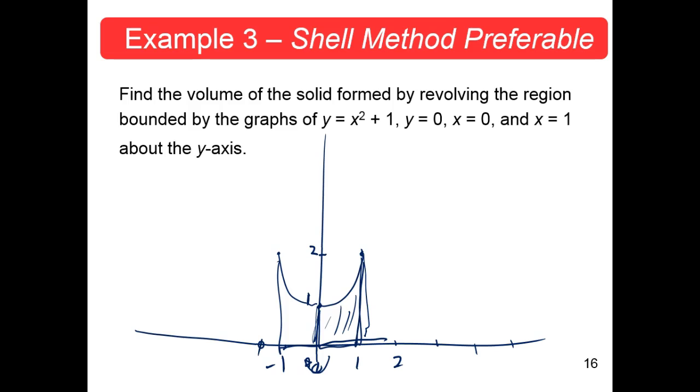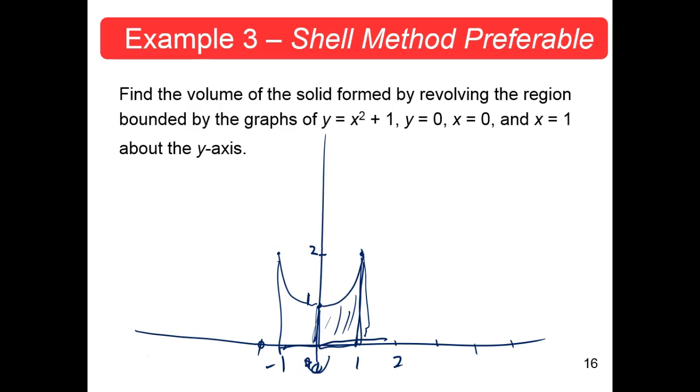let's take a look and see what we figured we'll have to do to revolve around the y-axis. Do you think it's better doing this with dy's, going from here to here?